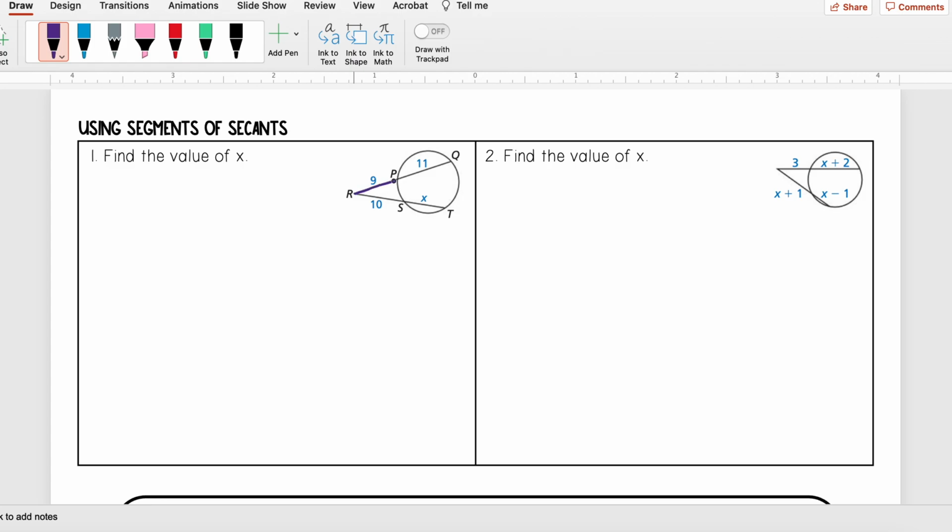So here that's going to be RP times the secant segment, which is the whole thing, so RQ. And that's going to equal the same thing on the other side, so RS, my external segment, times my whole segment, RT.